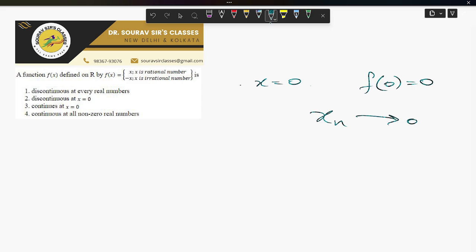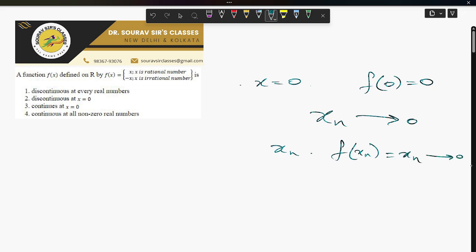If xn is rational, that is xn belongs to Q, then f(xn) equals xn, which goes to 0.